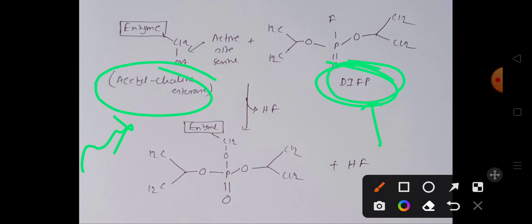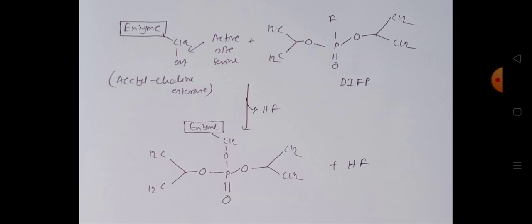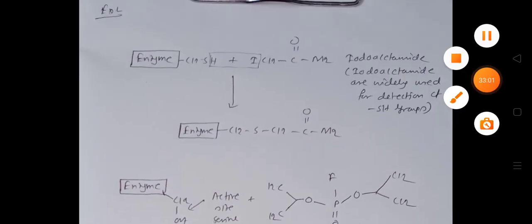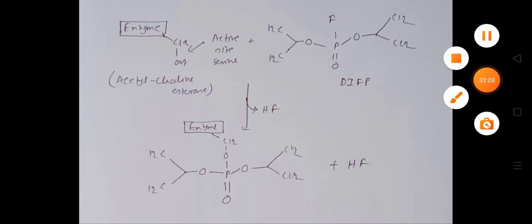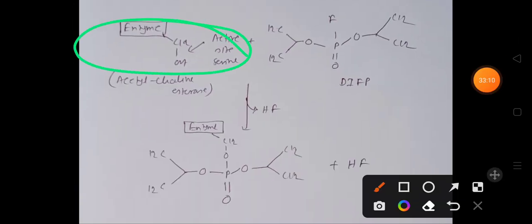So that is the idea. Iodoacetamide interacts with enzymes having an SH group in their active site, and diisopropyl fluorophosphate interacts with enzymes having an OH group in their active site, okay. So that is the case for irreversible inhibition.